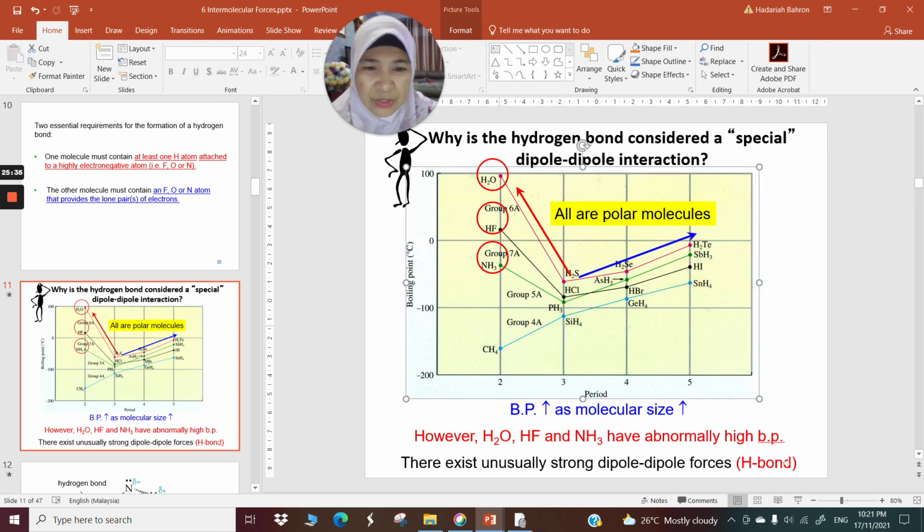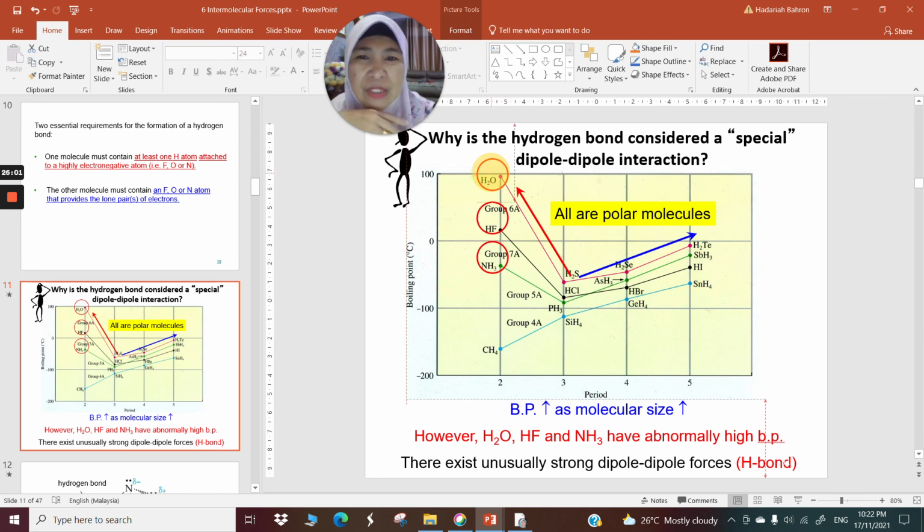It should be here, NH3, but it is way up there. PH3 is there, AsH3 is going up, SbH3. Similarly with group 7, you have chloro, bromo, iodo, each one of them going up.